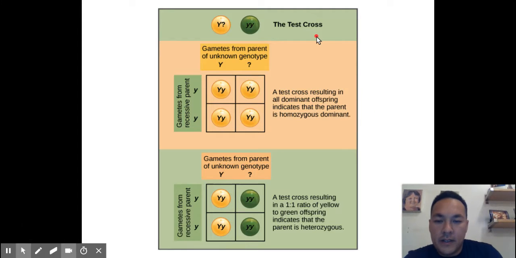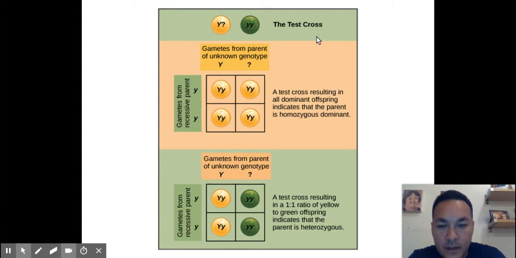So how can we figure out what the genotype of a P is? We know that the greens are recessive, but how can we figure out if the yellow bag of seeds we have, and we know that they're all the same, is heterozygous or homozygous dominant? What we can do is what's called a test cross. We can run it with a homozygous recessive.